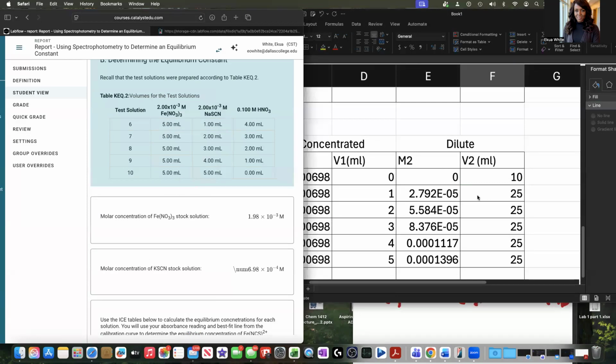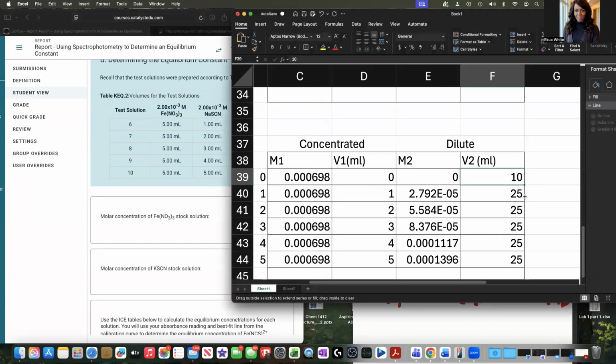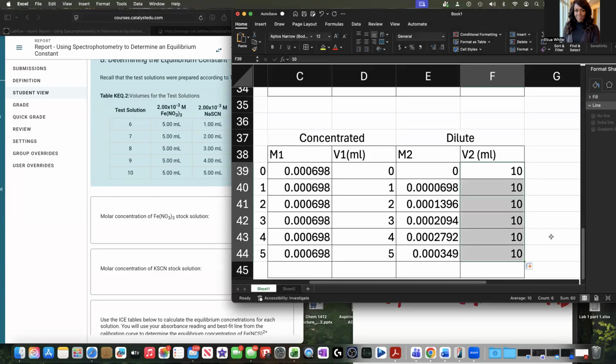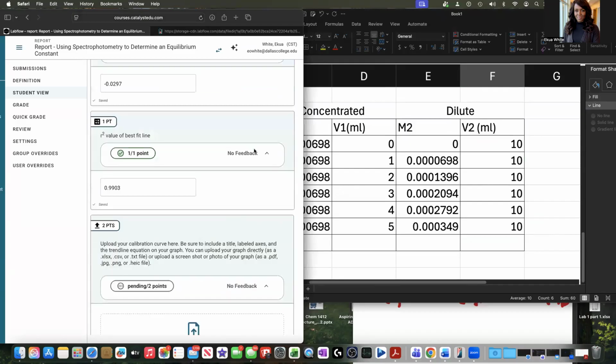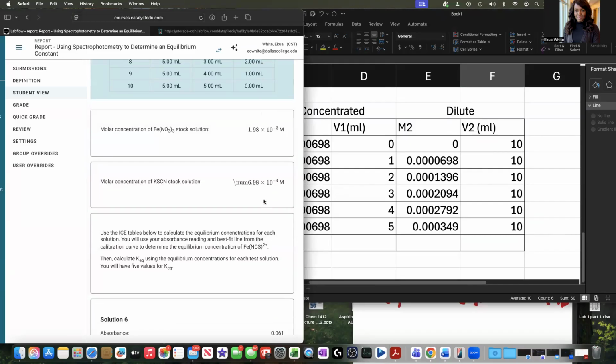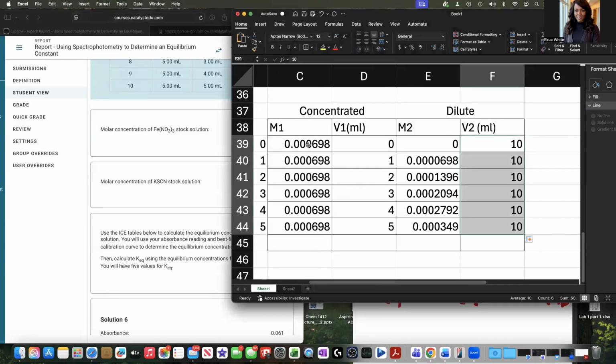These are all 10 across. So we got 6.98 as the initial times 10 power -4. I do M1V1 to figure out the diluted concentrations. This would be 1, 2, 3, 4, 5. Okay.